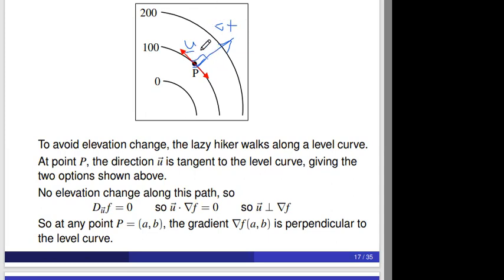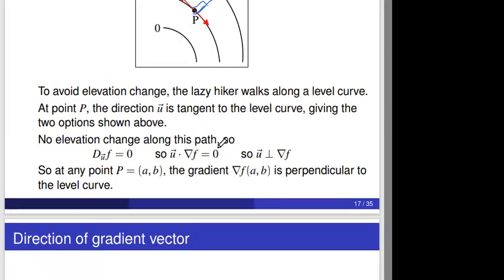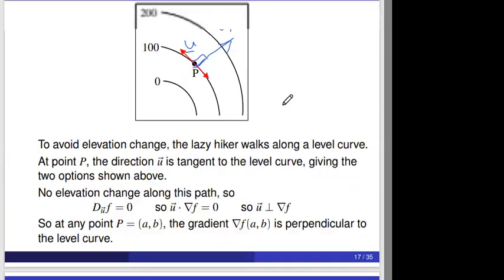Therefore, if you take the dot product of u and the gradient of f at this point, it becomes 0. The directional derivative of a lazy hiker is equal to 0.